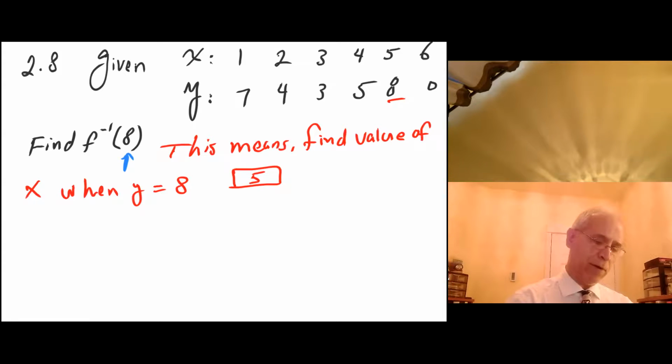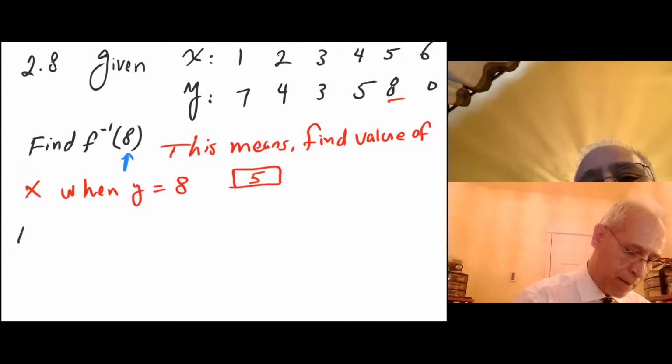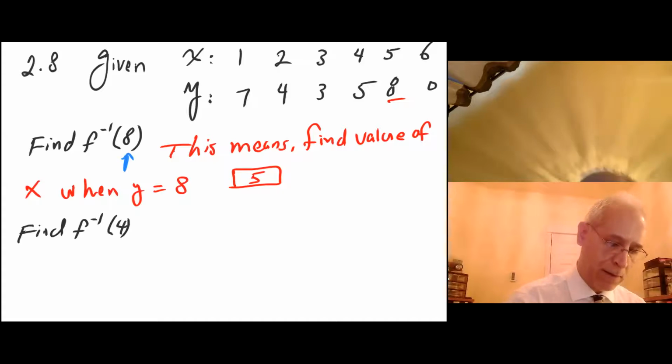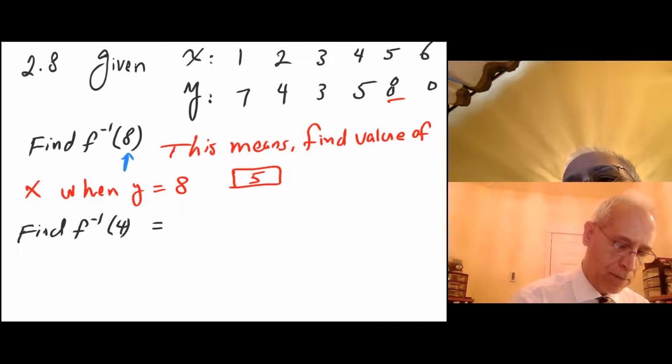Suppose the question was find f inverse of, say, 4. This means find the value of x when y equals 4. Looking at the 4 in the y values, that equals 2.